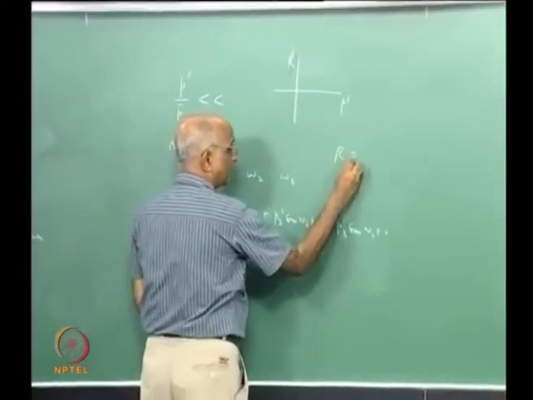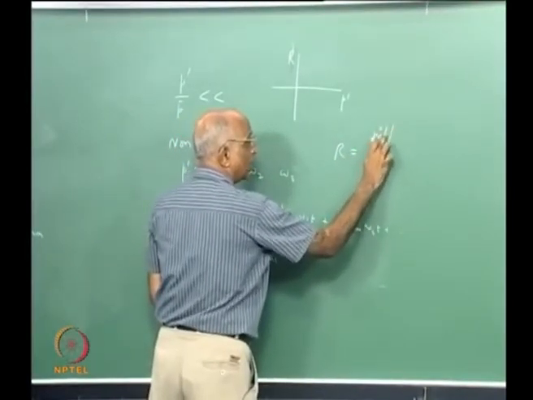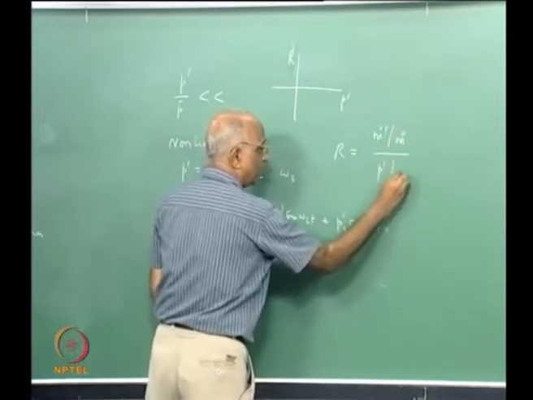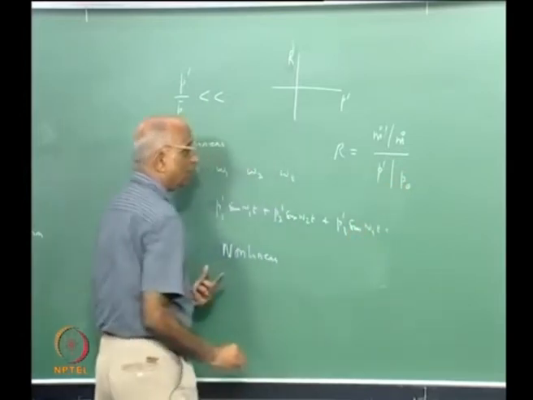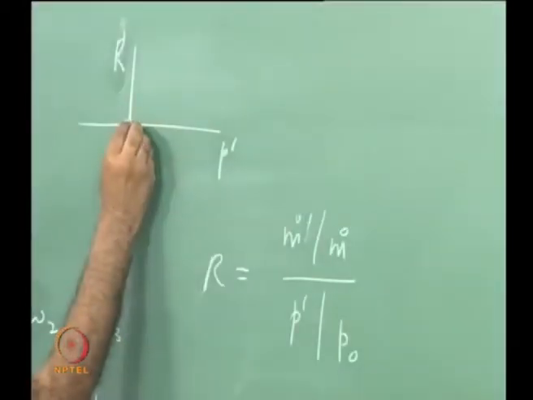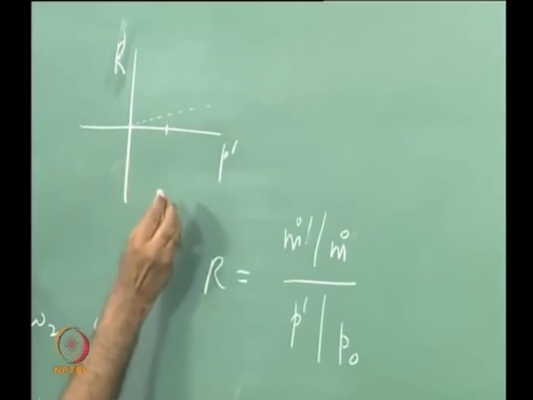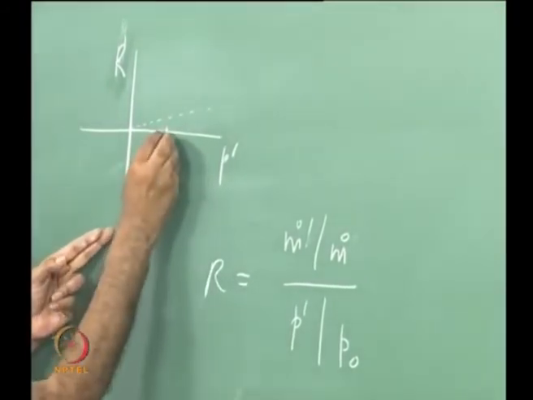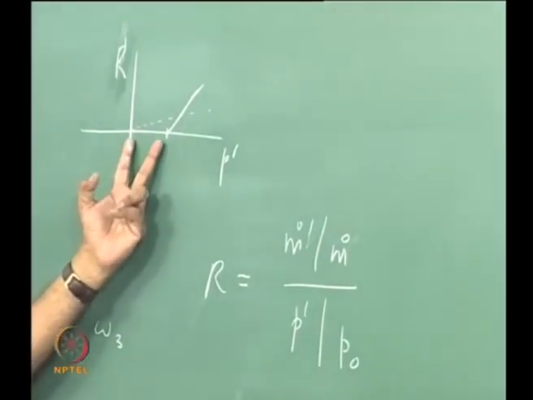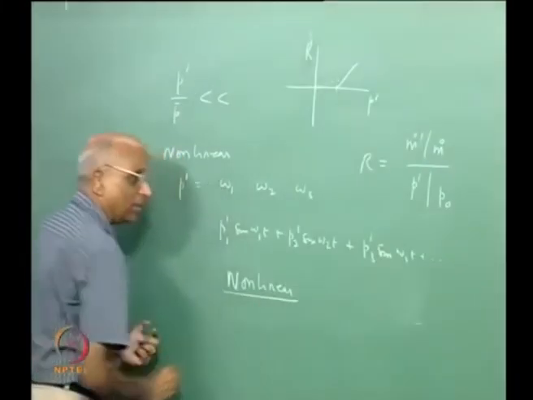I can say response is equal to the rate of mass fluctuation divided by the mean value, divided by the pressure perturbation divided by the mean value, let us say P0. What happens if I plot the response over this? Normally I should have got a response somewhere over here, but I do not get any response over here. When I have a sufficiently large value, all of a sudden the response comes up, that means I have a finite pressure oscillation to start an instability, and these are known as nonlinear instabilities.